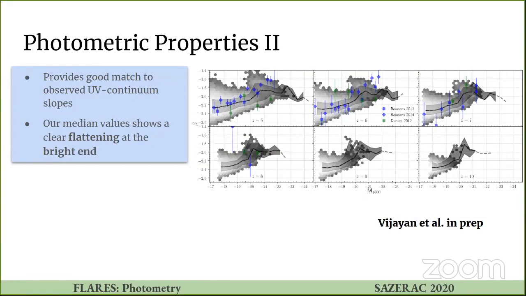We also see that the FLARES galaxies have a flattening of the UV continuum values at the brighter end. This is something that has been seen in other works, not a clear flattening, but the UV continuum slopes are much flatter than some of these observations show. But this is what the FLARES galaxies are showing.